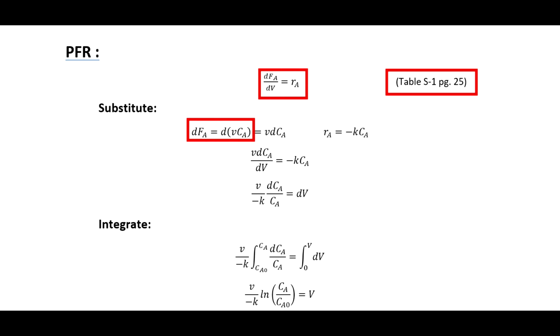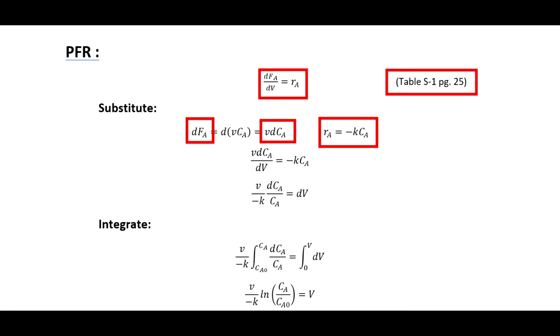This equation that I've highlighted right here is a variation of the one given in the problem statement. That one was F sub A is equal to v C sub A, but all we've done here is get the differential form of it, which, since the volumetric flow rate is constant throughout the reaction, will result in v dC sub A being equal to dF sub A.